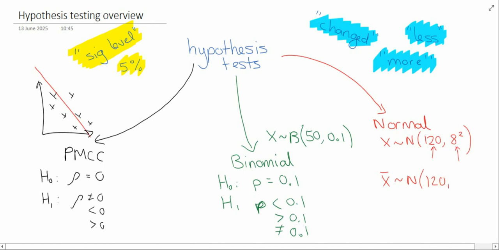Let's talk about the mass of a tennis racket being 120 grams. It's a little bit light for real life, but let's just go with it. And if we took, say, 50 tennis rackets, we'd expect the mass to still be the same because they're produced in a factory by machines.